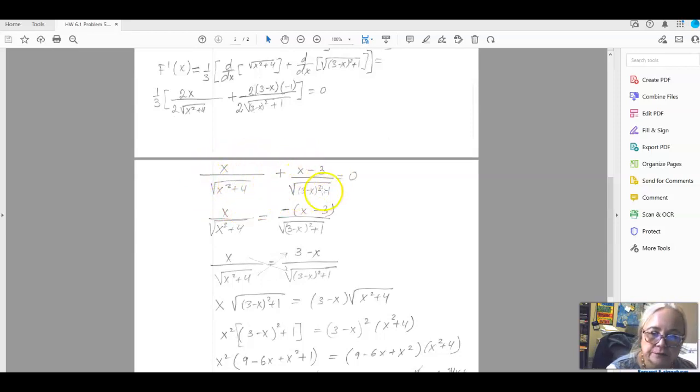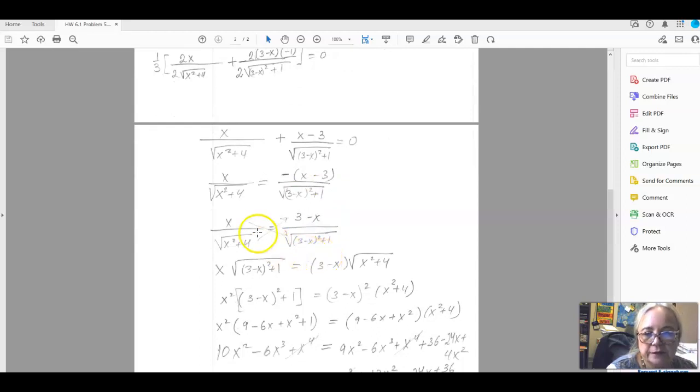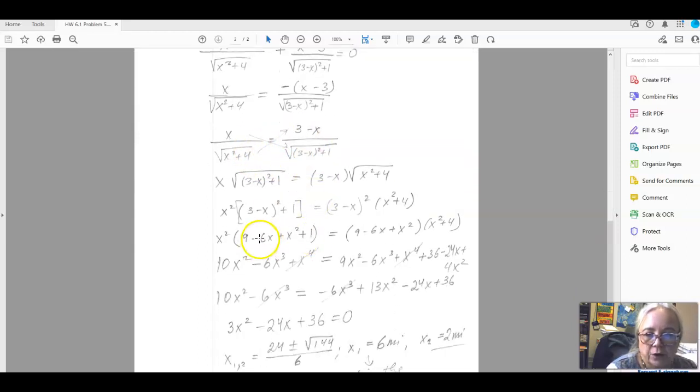I moved this portion to the right hand side so a negative sign appears in front, and it comes to negative x plus 3, or 3 minus x, cross multiplying x times this denominator and then this denominator times 3 minus x.